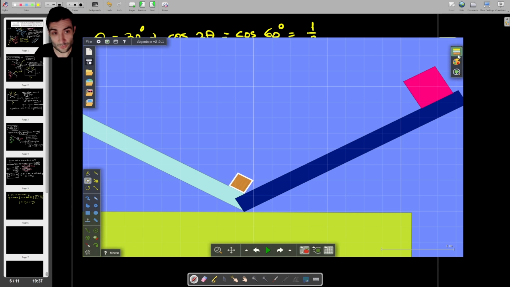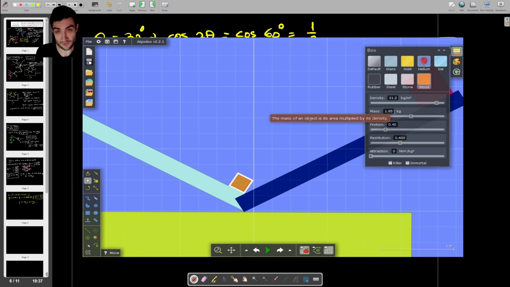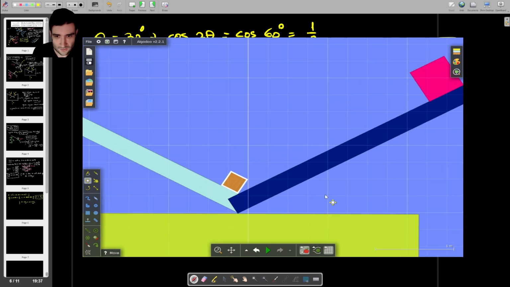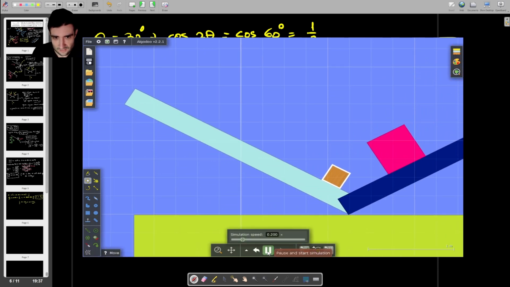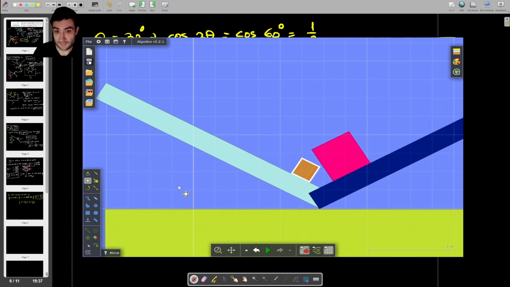So if I reduce it further, it should theoretically accelerate up the incline even more. So let's do 1.8. If I do 1.8, it's going to start going up the incline more. Now we've looked at why this happens.